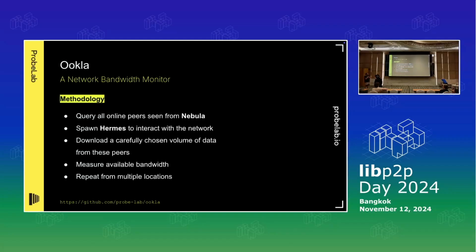And then what Ookla does is it uses the capabilities of Hermes and the data from Nebula to download carefully chosen volumes of data from peers in the Ethereum network, and then just measures the bandwidth available to them. There are some complementing methodologies to measure bandwidth. I think Shaba is here, for example, who does it differently. But this is our way of doing it. And yeah, I would give it to you, Mikkel, if it's working.